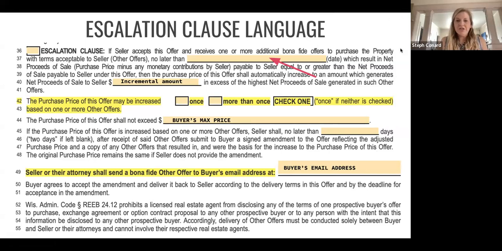So the escalation clause language is found on the second page of the addendum AC. And again, I also want to point out with the addendum AC that you can use 1, 2, or 3 of the additional provisions. You don't have to use all 3.